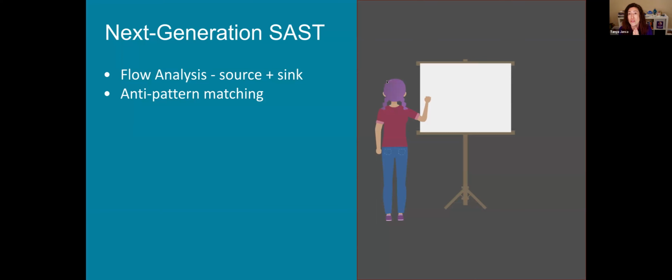Anti-pattern matching is lightning fast compared to symbolic execution. It's so fast, and it's extraordinarily accurate. What I mean by that is, if it's looking for the pattern, it will find the pattern. So it has a high percentage of true positives. All the results that it is reporting are mostly true.